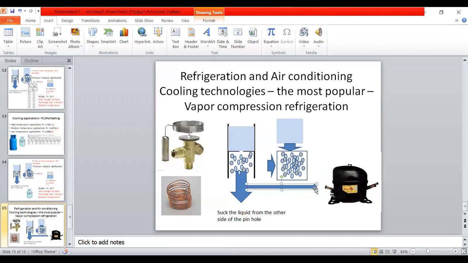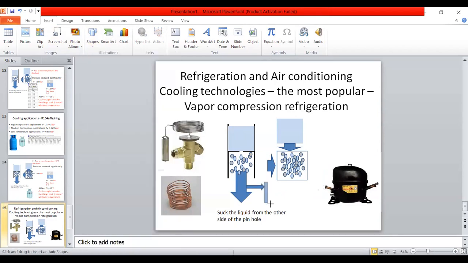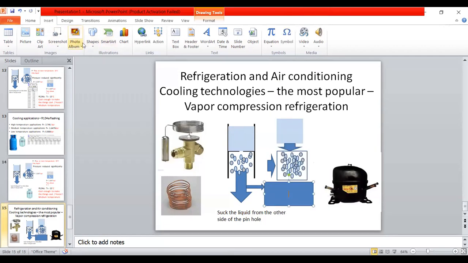But before it sucks, applying cooling means we have another device here where we extract cooling. So we extract the coldness in this flashed liquid.